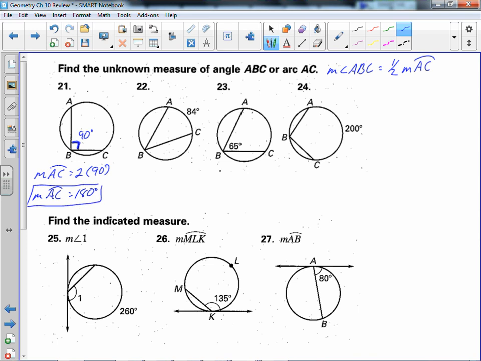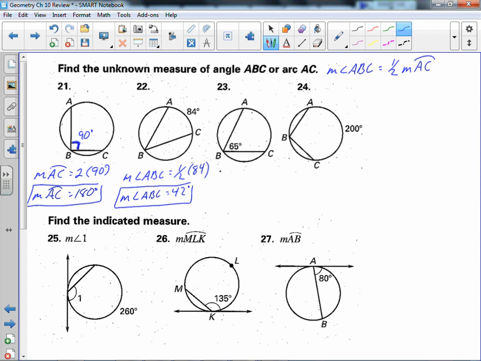Measure of arc AC is going to be 180 degrees. 22, they give us the arc, and we need to find the angle. So the measure of angle ABC is half the measure of the arc, or half of 84. That'll be 42 degrees.